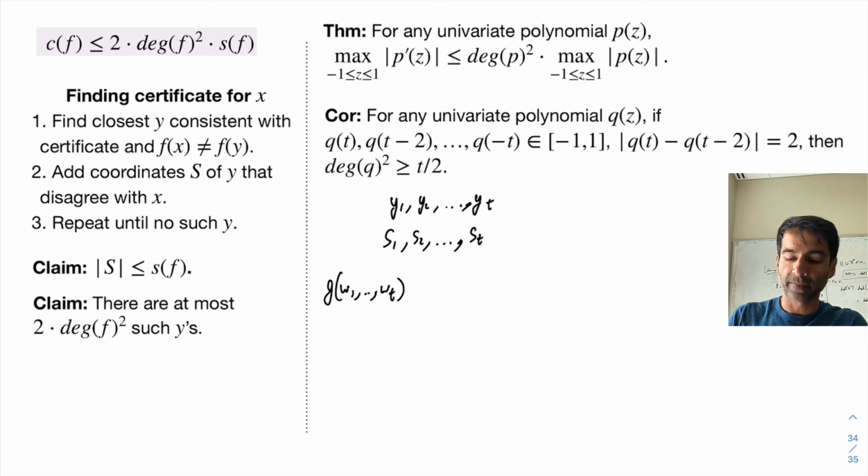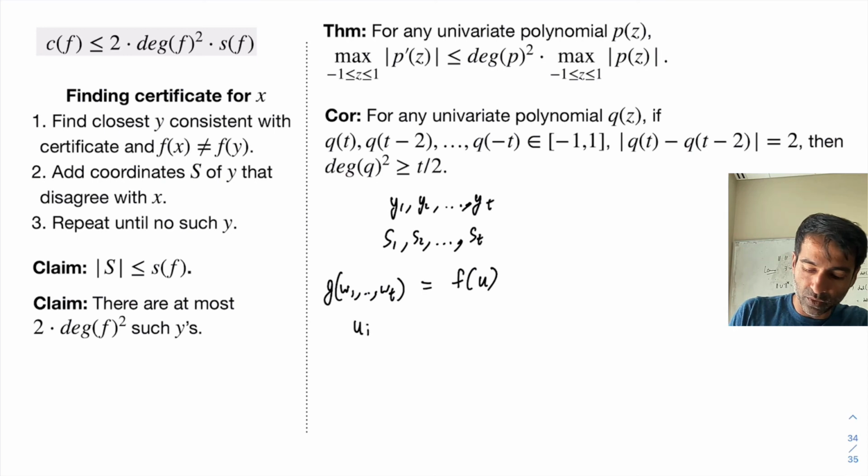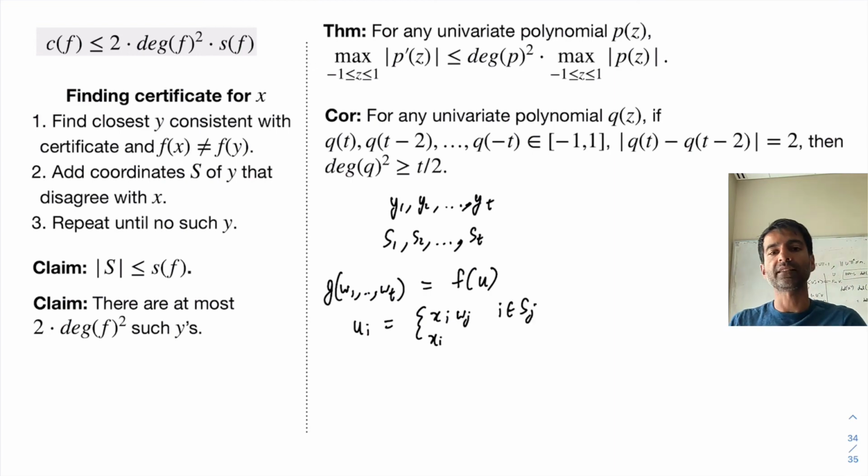It's going to be a polynomial, and this polynomial will be equal to f of u, where ui is equal to either xi or it's equal to xi times wj. I'll write it like this: it'll be equal to xi times wj exactly when i is in Sj, the jth set.